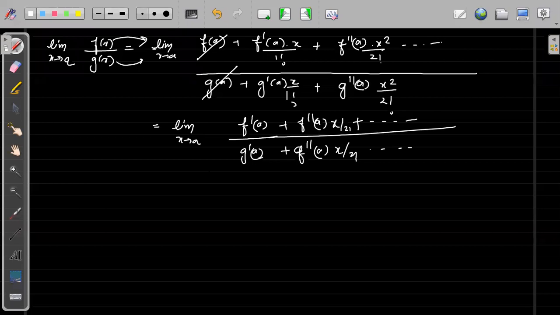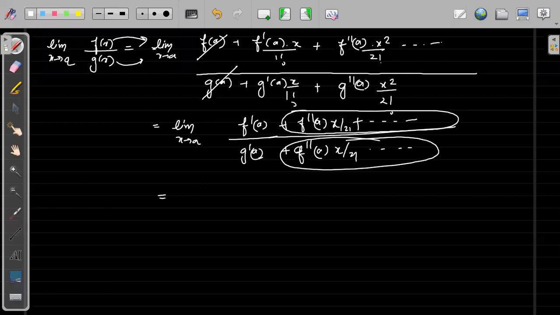Because x is tending to a, this will be x minus a. When x is tending to a, all these parts tend to 0. So this will simply become the limit of x tending to a, f dash x upon g dash x.